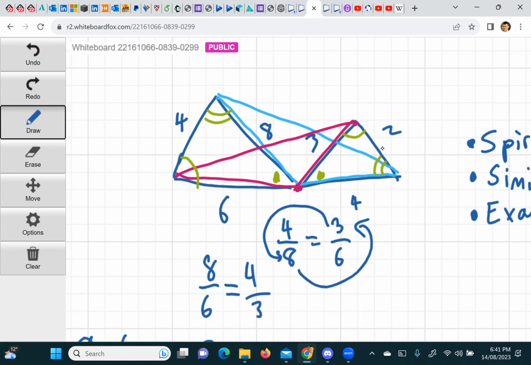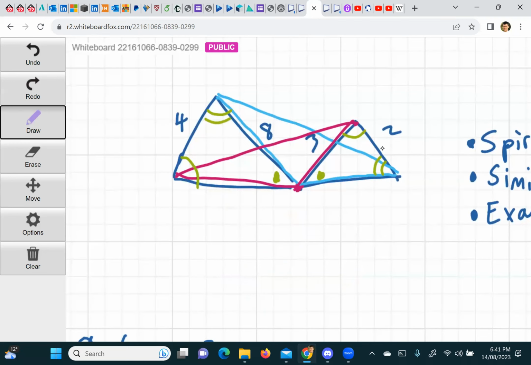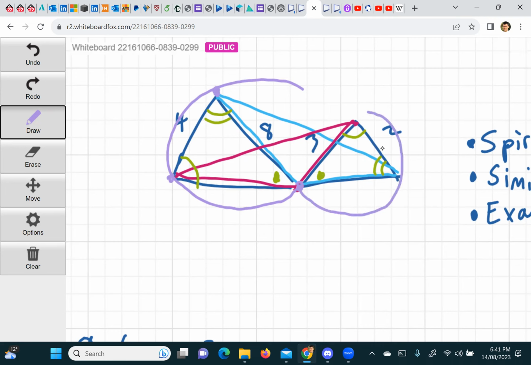So here's another interesting thing. When you have a spiral similarity diagram, you can draw a circle that passes through these 3 points of one of the triangles, and you can draw another circle that passes through the other 3 points of the other triangle.